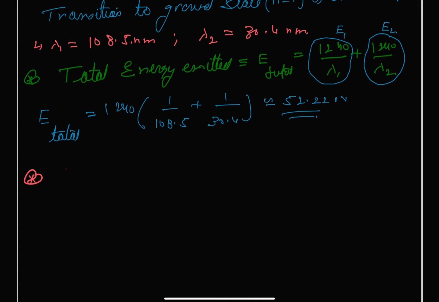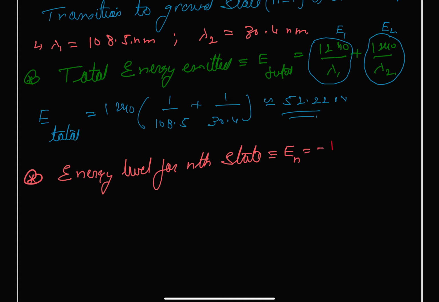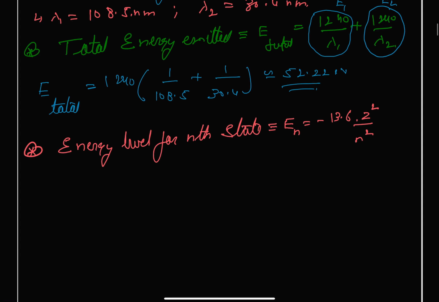So we can say energy level for nth state is our E of n, which will be equal to minus 13.6 multiplied by Z square divided by n square, and value of Z is about 2.